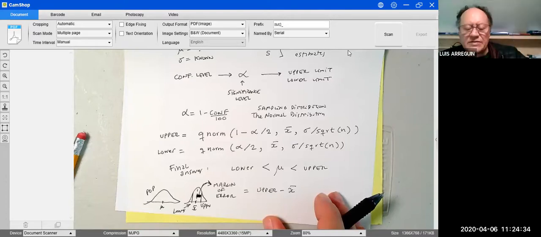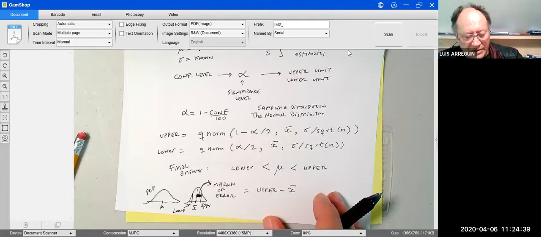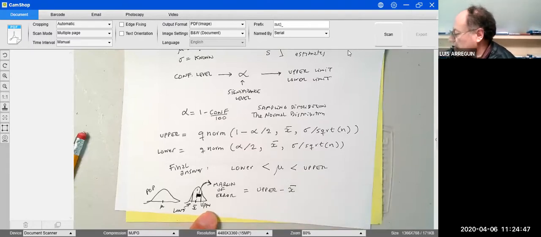So most of the time, just keep an eye on every single sentence in your statement, read carefully, and then you're going to decide what kind of problem you have, and with that you're going to be able to get your confidence interval.